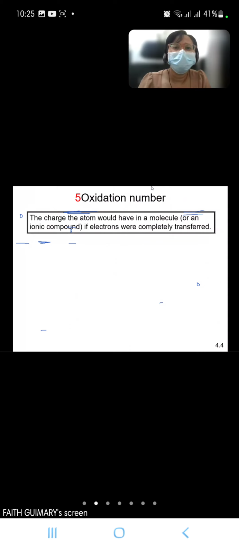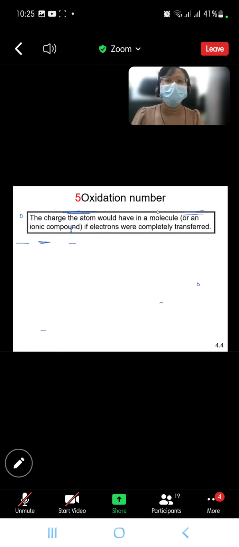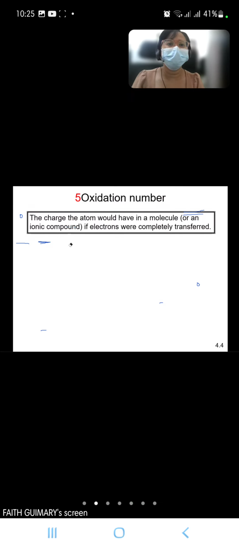Sige. So, the concept of oxidation number is very important, no? It is very important that we master oxidation number, because that concept is very useful in oxidation reduction reactions.